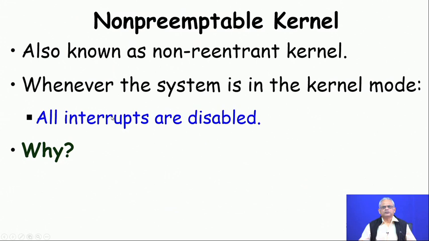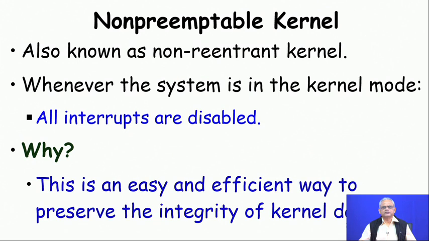But then to make the problem more severe, the user tasks can also run in kernel mode. We will see this issue, but let us just understand this point that in the traditional operating systems such as Windows, Unix, etc., the kernel is non-preemptable.